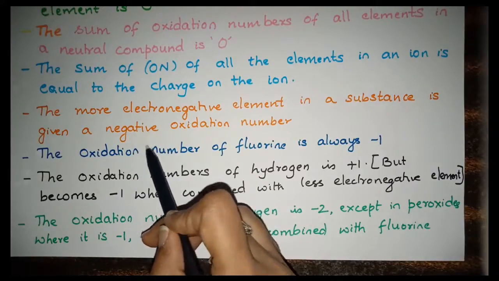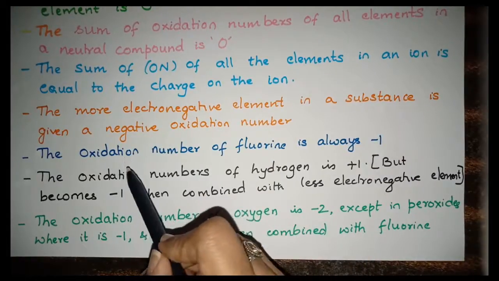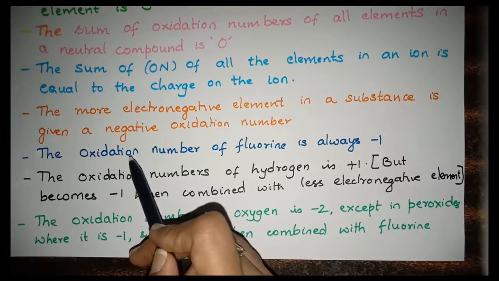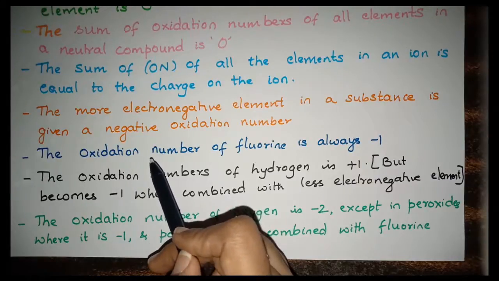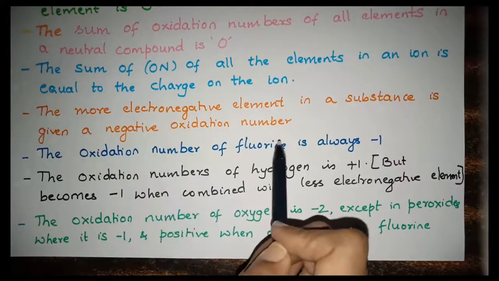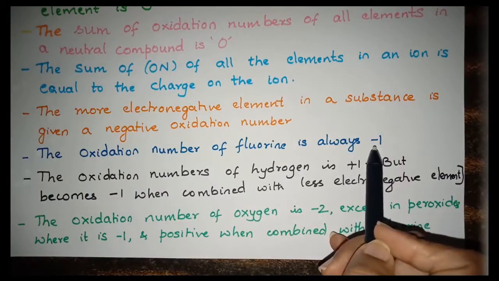So we call that a negative oxidation number. And we should know by now the periodic table, and fluorine is the one which has the highest electronegativity. So we have the oxidation number of fluorine always as -1, right?